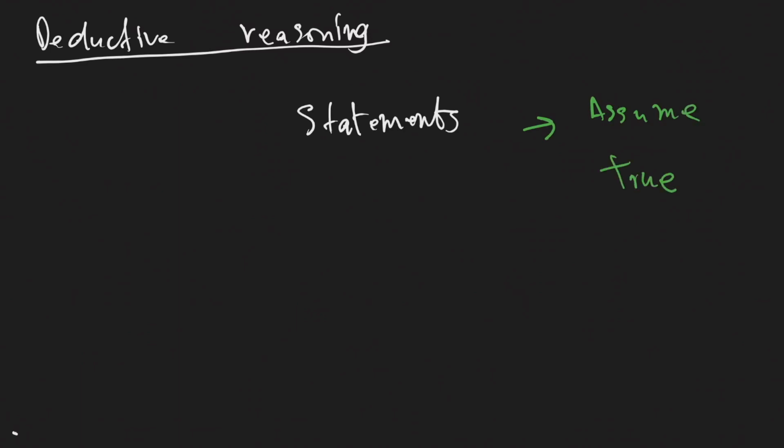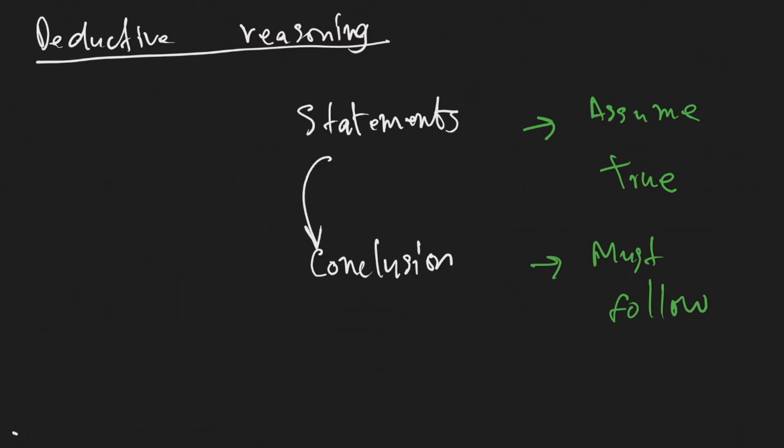And then you show that if these statements are true, then some specific conclusion must follow. In other words, the truth of the set of statements necessitates the truth of the conclusion. It makes it necessary for the conclusion to be true. So if the statements are true, then this conclusion has to be true as well. So this is deductive reasoning.